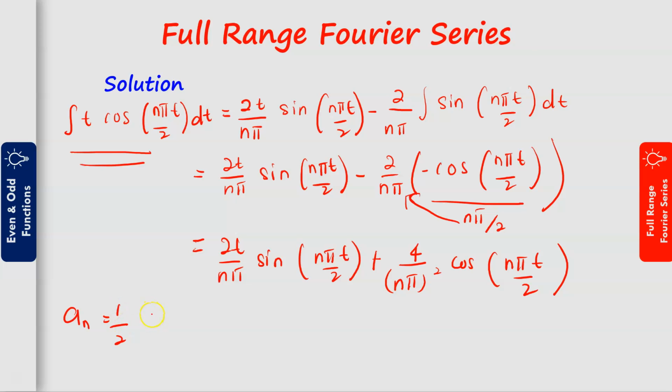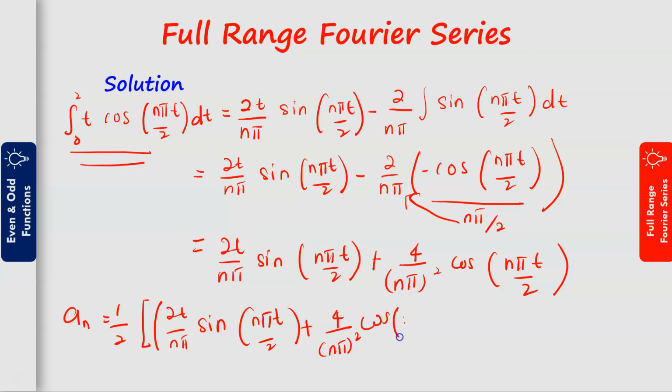We integrate previously from 0 to 2, so all this, 1 over 2, you need to multiply with 2t over n pi sine n pi t over 2 plus 4 over n pi square cos n pi t over 2.